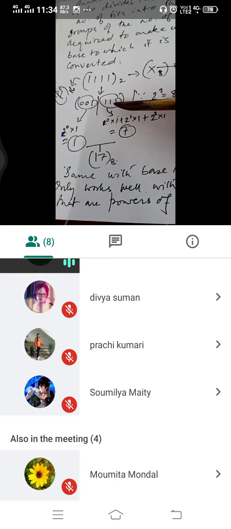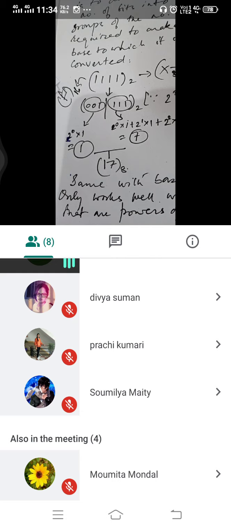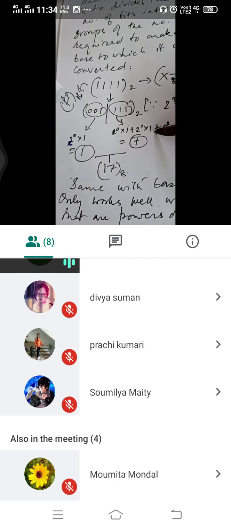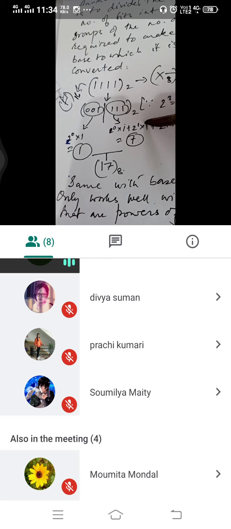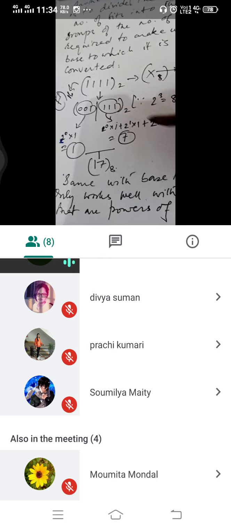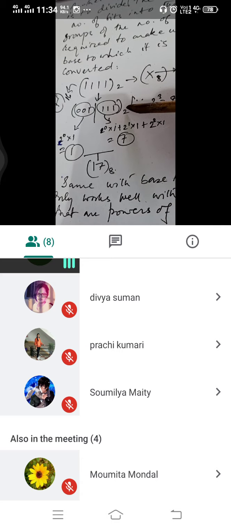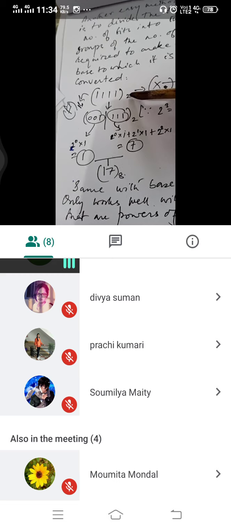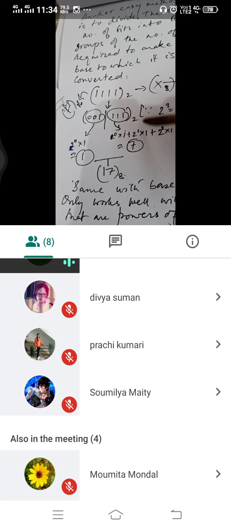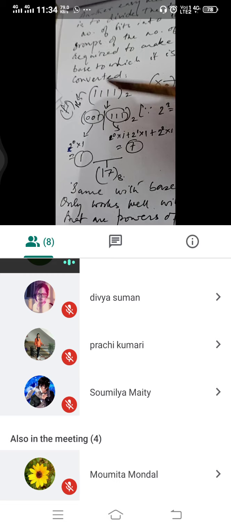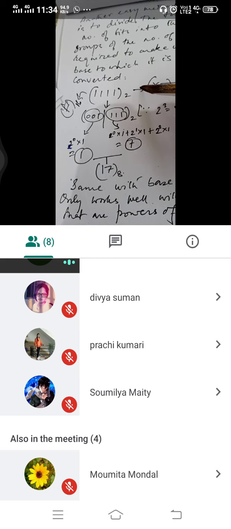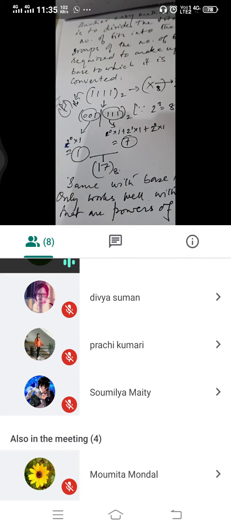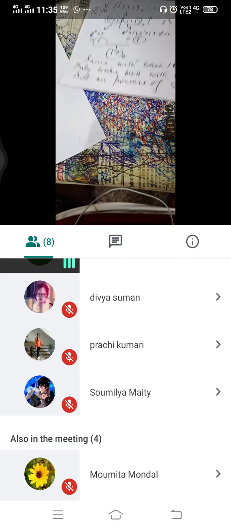However, why am I going into this stuff other than what I've done previously? Because this is only available to you when the base that you're changing to is a power of 2. If it is not a power of 2, let us say, for example, you're changing from base 2 to base 3, then this is not going to work. So that is why I firmly believe that you need to do the direct method also.